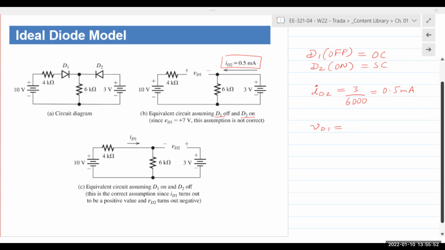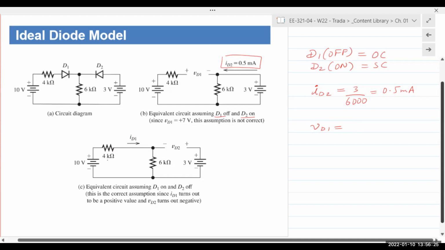So the anode is higher than the cathode, and the diode is forward bias. My initial assumption was that the diode was reverse bias, and hence my assumption is incorrect. So now I go back to step 1 and change my assumption: D1 is not off, it is actually on. So if D1 is on, it's replaced with a short circuit.